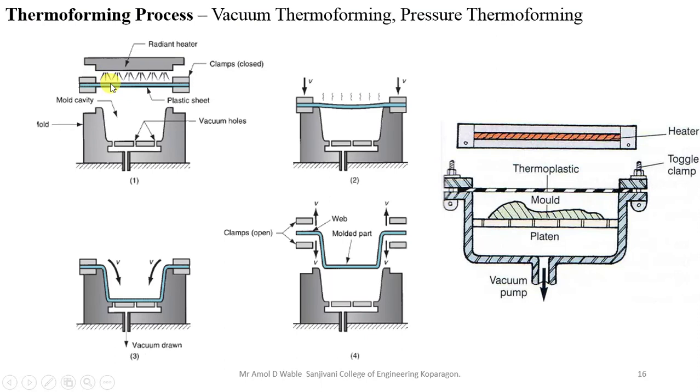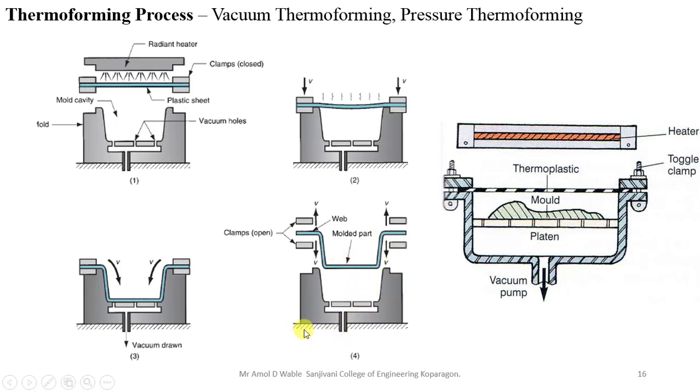A heater is used to bring the polymer to a temperature of about 55 to 90 degrees Celsius until it begins to sag. Then through small holes in the die, vacuum is applied and the sagging plastic sheet is pulled tightly against the mold, acquiring the mold shape. As the mold is cool, the polymer is sealed and stiffened by die contact.